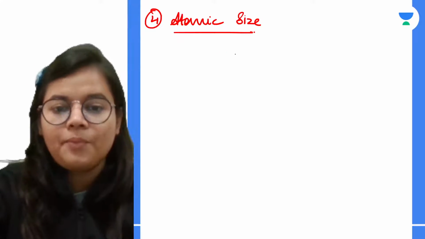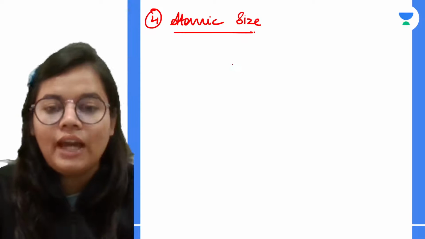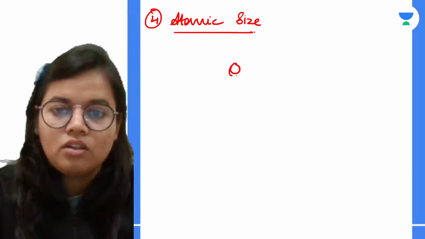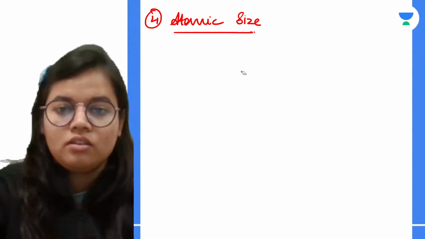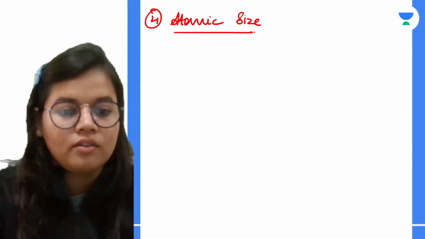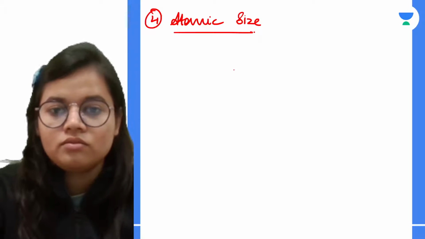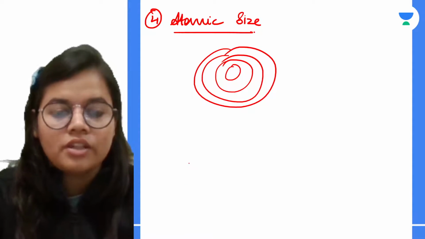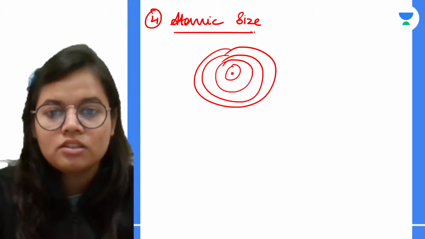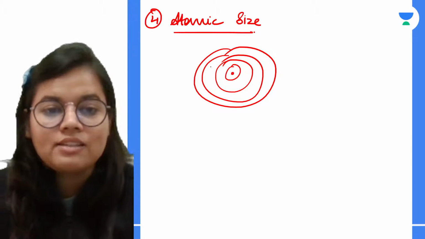Let us suppose I'm having any atom which has got, okay, my circles would be very bad. Just bear with it. Four shells. Okay, this is my nucleus. So atomic size क्या होगा?